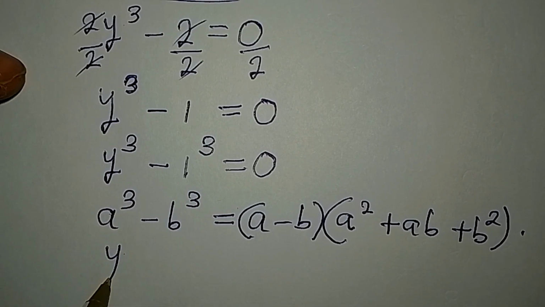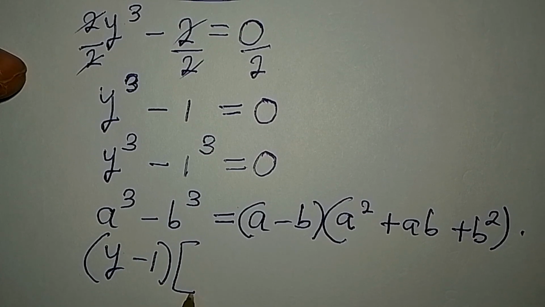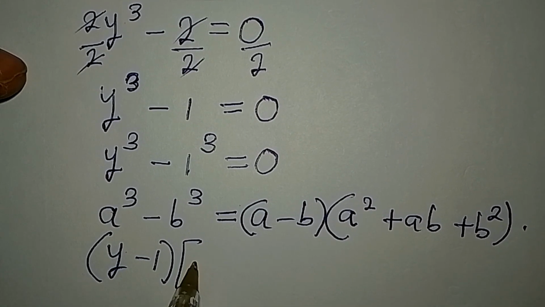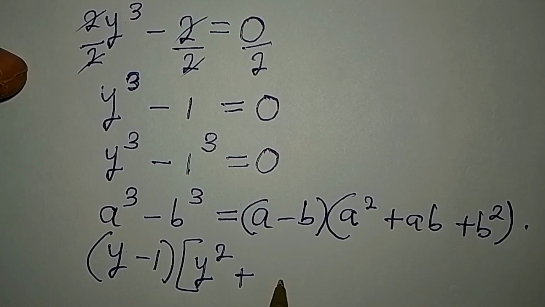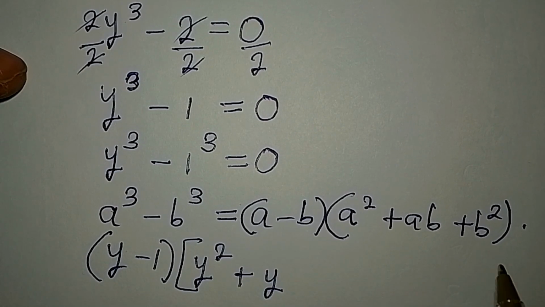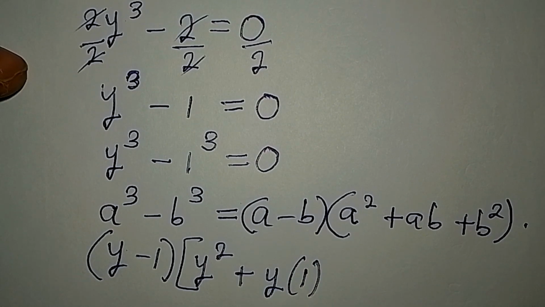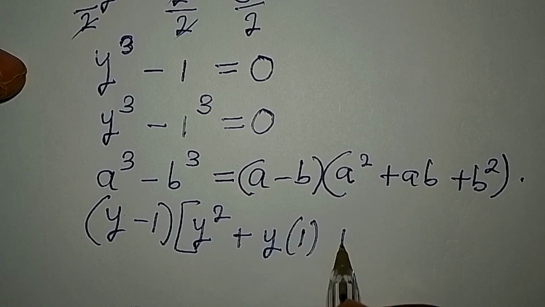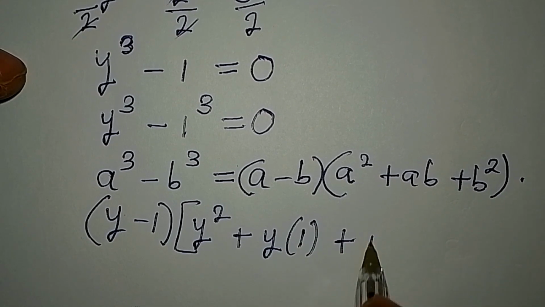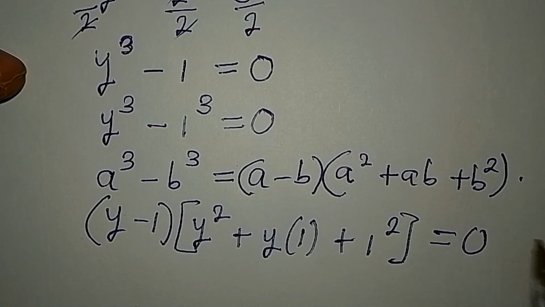So we have y minus 1, close that. Then we have a squared becomes y squared, then plus ab, that will be y times 1. Okay, let me just write 1 so that we can understand. Y times 1, then plus b squared, that will be 1 squared. Then we can close this and equate this to 0.